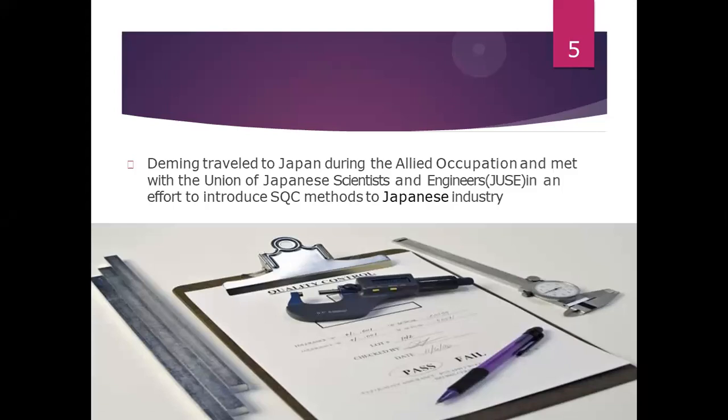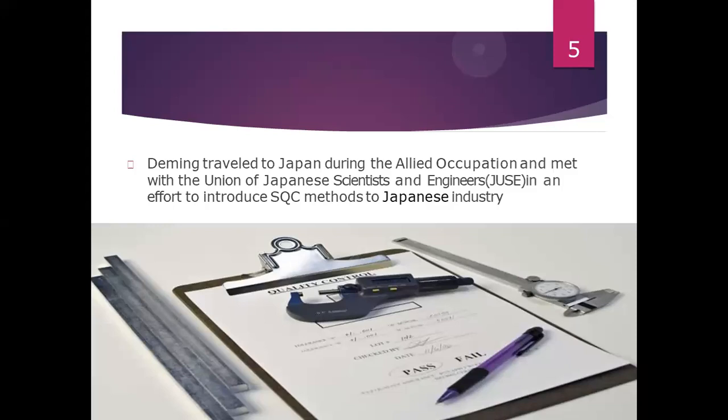Japan started to apply statistical quality control mechanisms in their production process, and then Japan achieved their mission. So how did Japan develop within a short period of time? One big tool was statistical quality control, developed by Shewhart and applied by Deming.